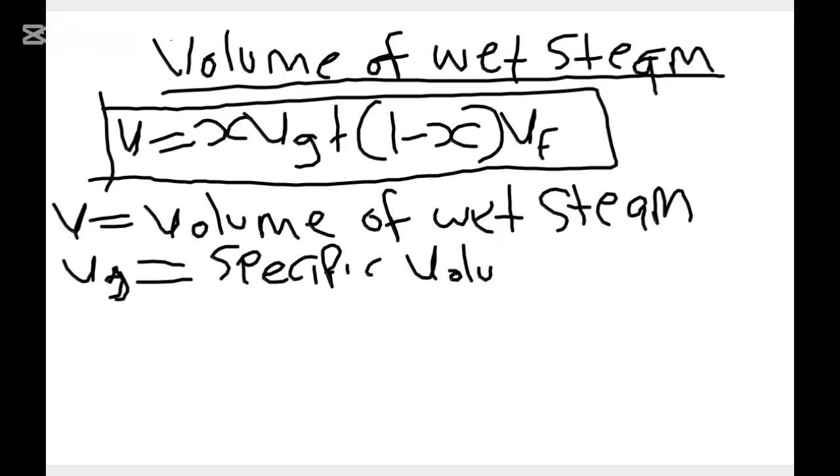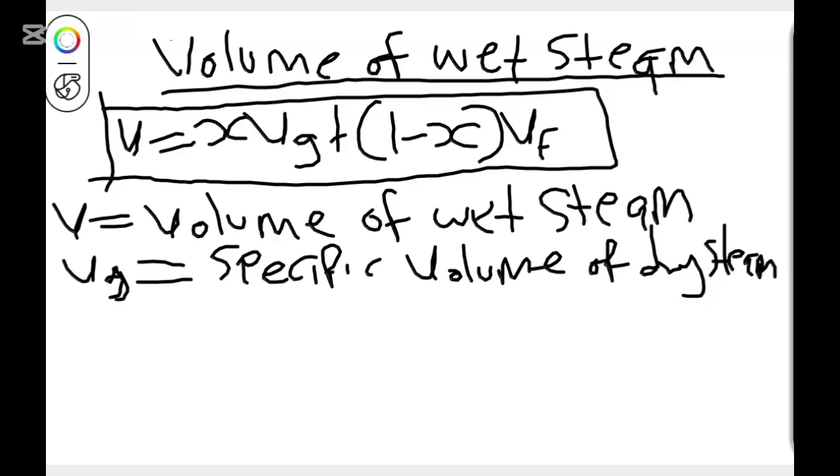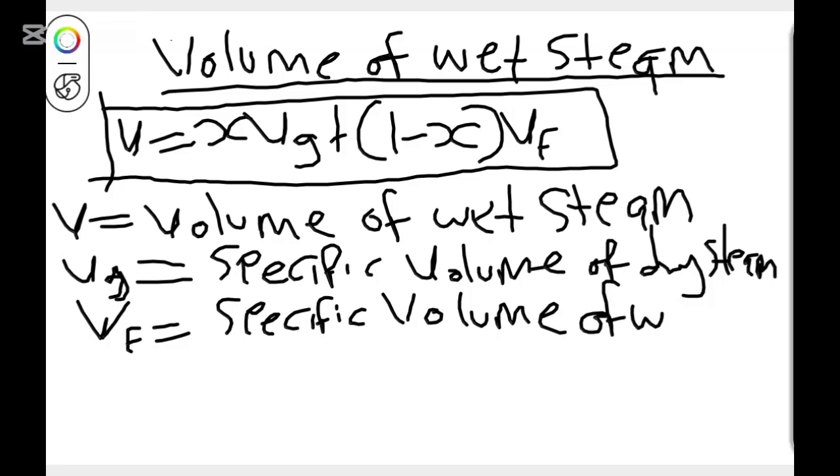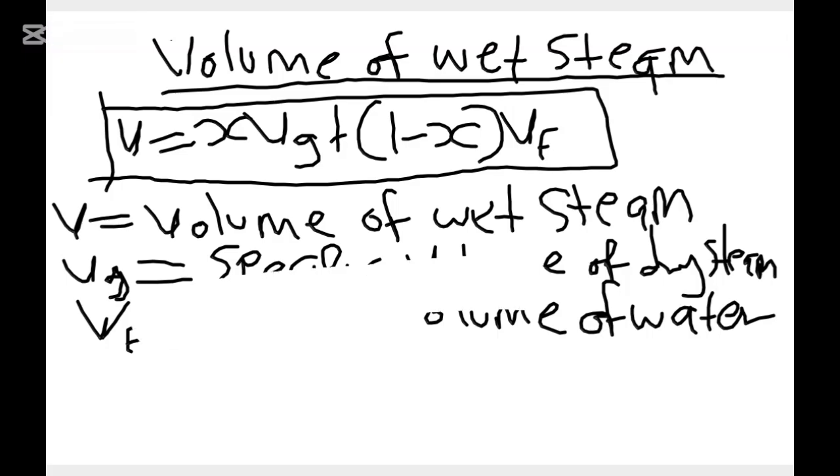And Vf is the volume of water. So this is all for the volume of wet steam.